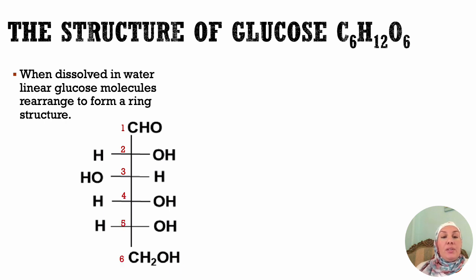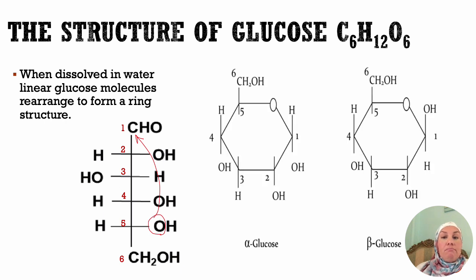Here we're still counting the six carbons that we see in the structure. What happens is that this oxygen over here, which is bonded to carbon number 5, starts to attack carbon number 1, forming a bond between that oxygen and that carbon, which makes the structure change into a cyclical form, or a ring structure.